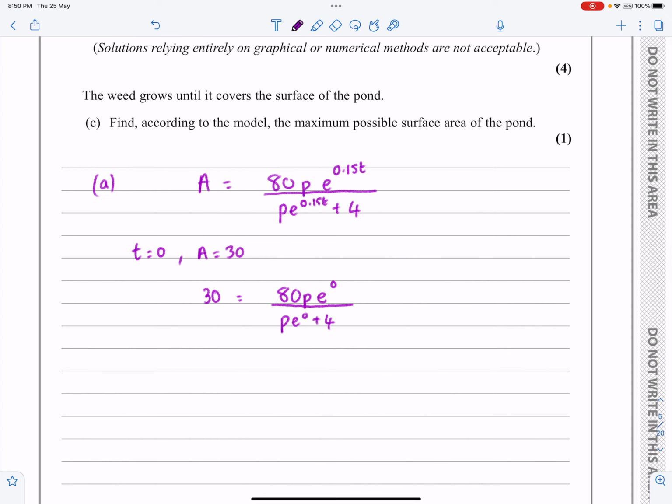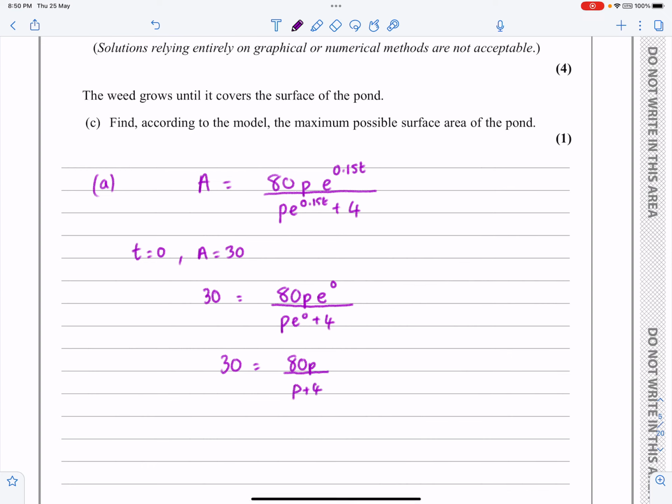And then this is one of our standard things that we know about exponential functions. Anything to the power of 0 is equal to 1, including e to the power of 0. So this suddenly becomes much more straightforward because we just get 80p all over p plus 4.